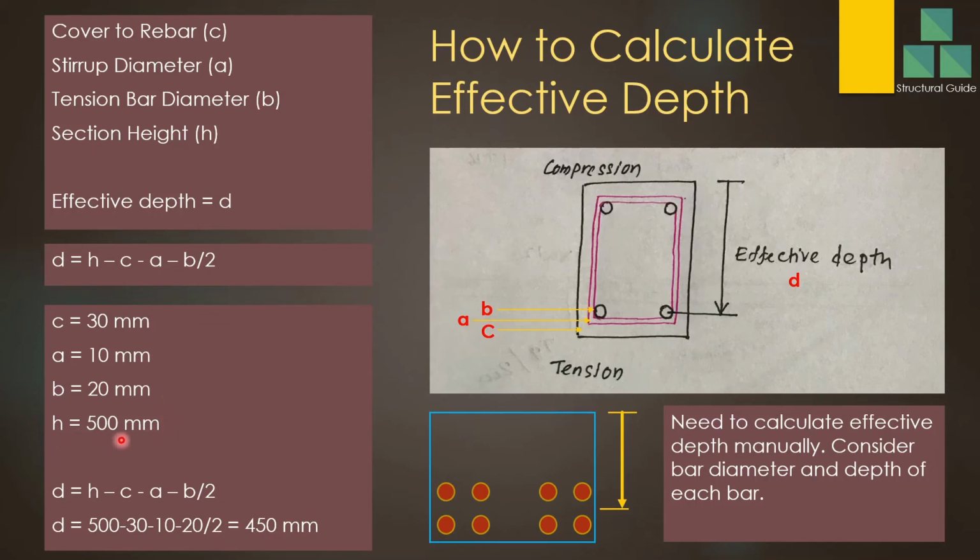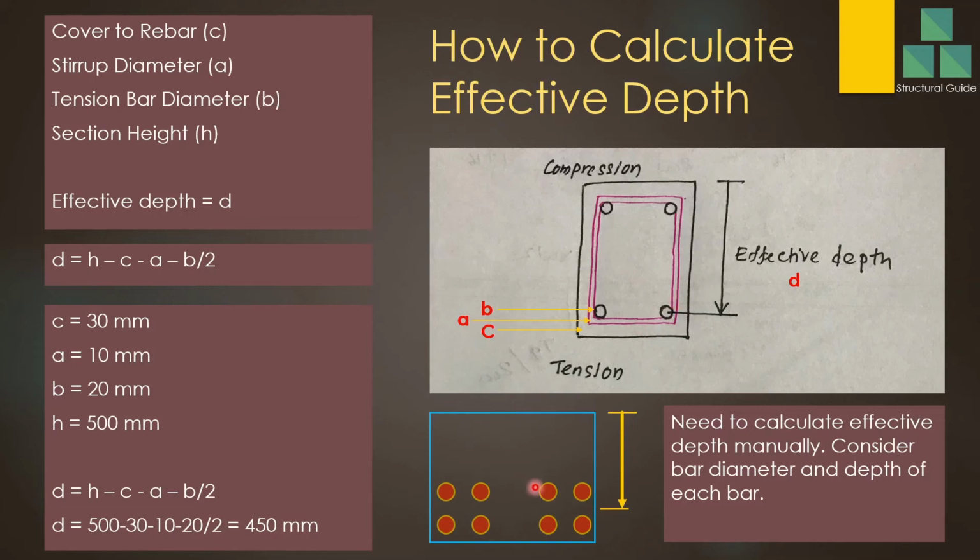Then you can calculate the effective depth when you know the height of the beam. So when these parameters are known, effective depth can be calculated as 500 minus 30 minus 10 minus 20 by 2, that is 450. So it's not that difficult to calculate the effective depth. From this point to this point you can easily calculate.